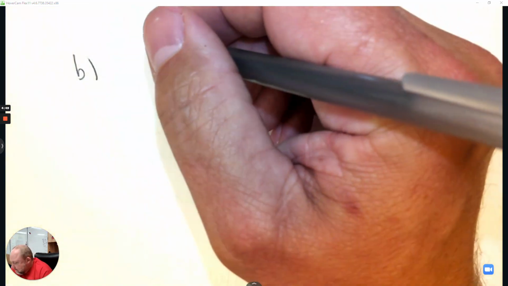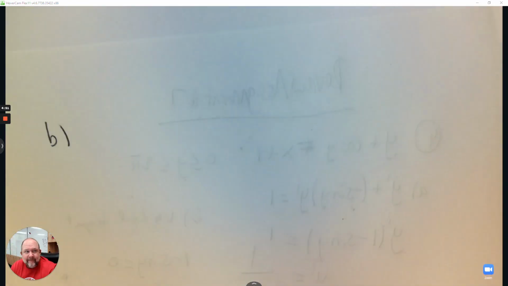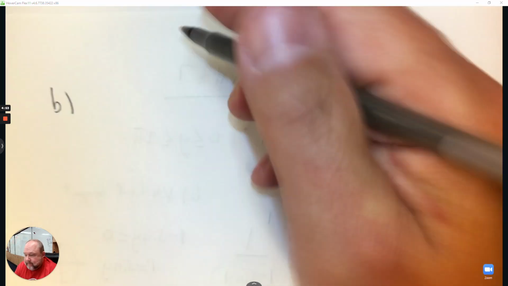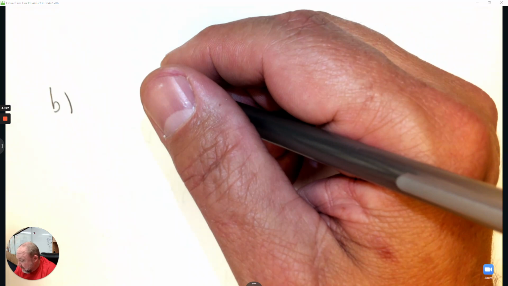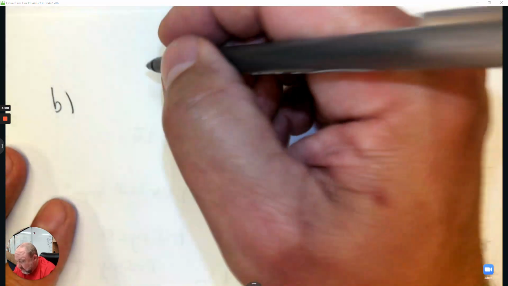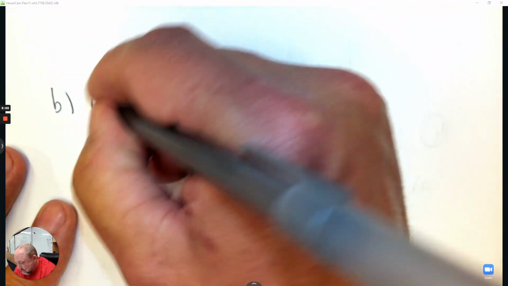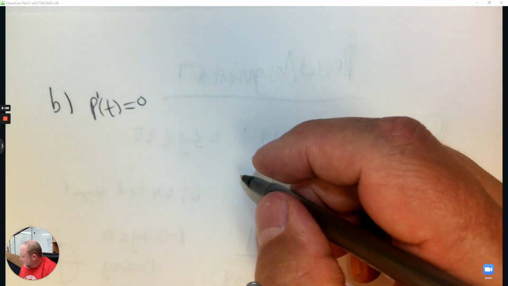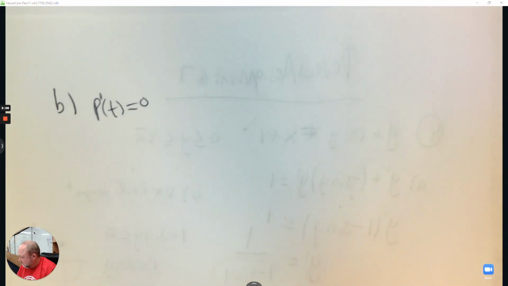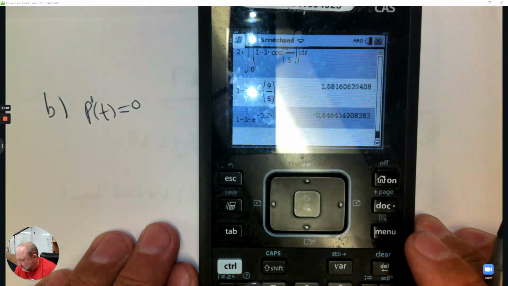All right, I'm going to switch over here. B. For what value of t will the number of gallons of pollutant be a minimum? So for it to be a minimum, we need to, first of all, take the derivative equal to 0 with our calculator. So what's given is that.